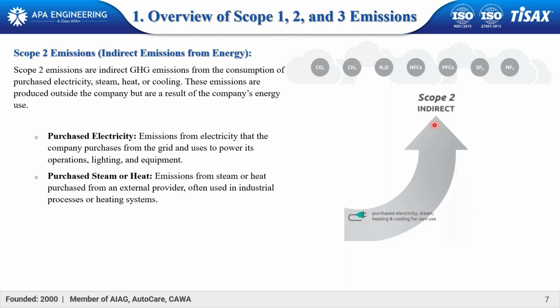These are the emissions from steam or heat purchased from an external provider for industrial processes or heating or cooling systems. The key point here is that Scope 2 emissions are tied to the company's energy consumption, but occur off-site. These are easier to measure due to their direct link to energy purchases.